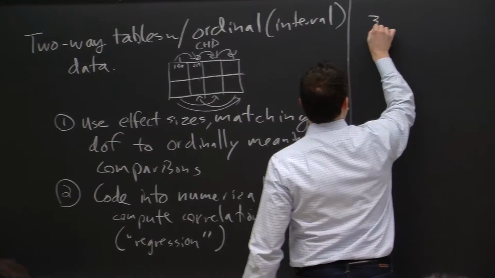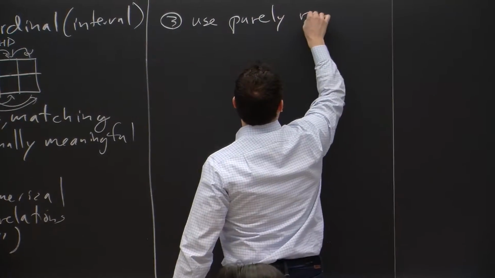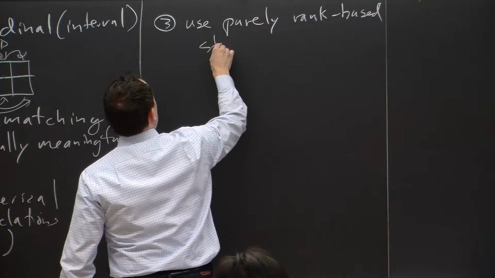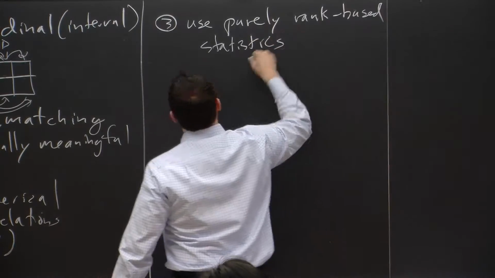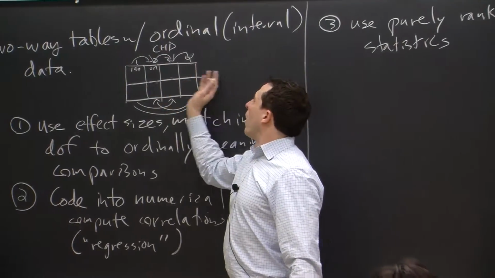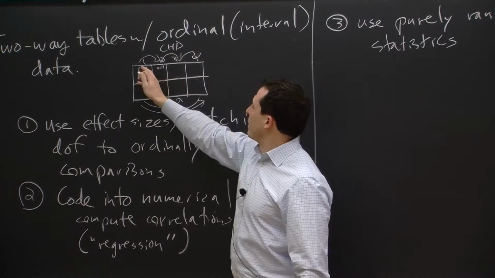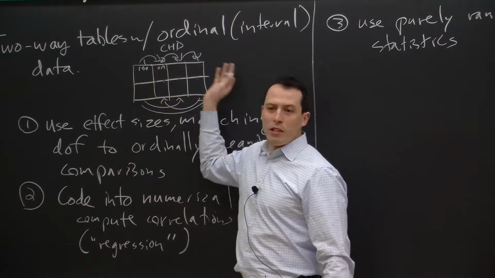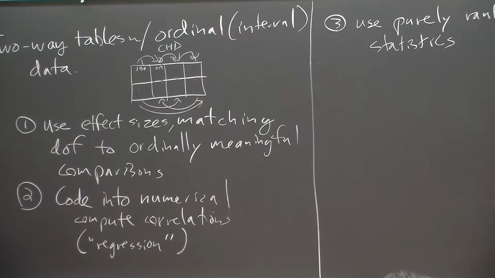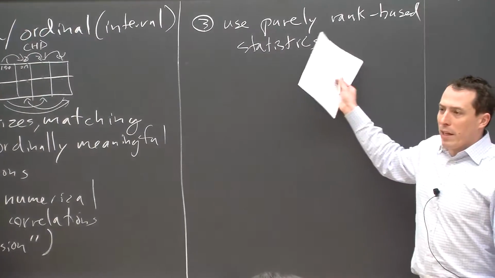And the third thing we can do is we can use custom designed statistics that know only about ordinal relationships and aren't able to capture interval relationships, right? They equally space these or think about these purely as ranks. The nice thing about purely rank-based statistics is that if you're constructing them the right way, they're not affected by monotonic transformation.